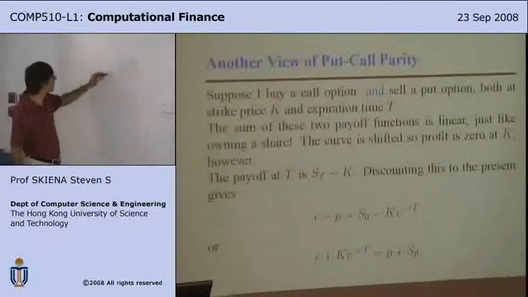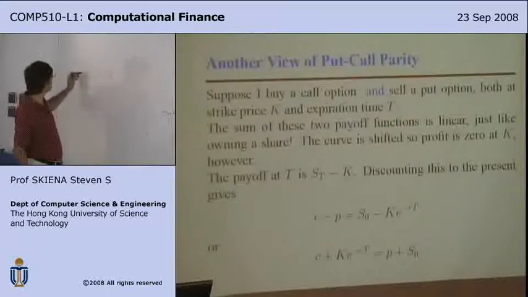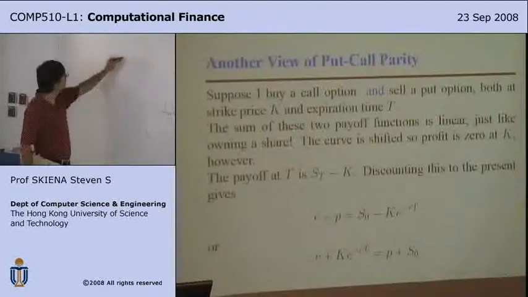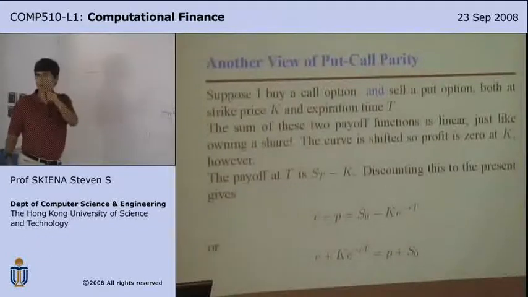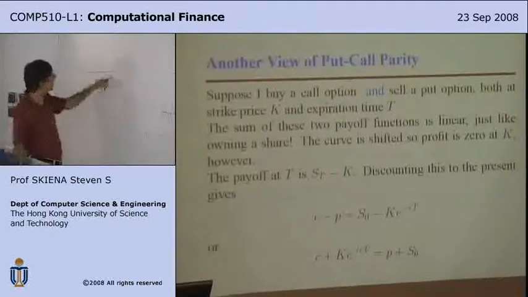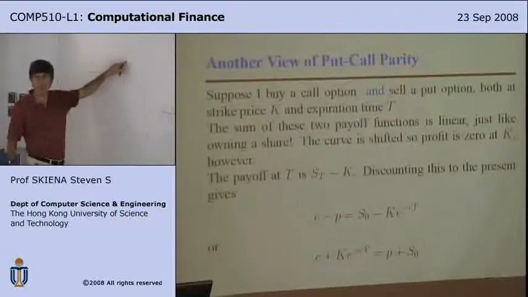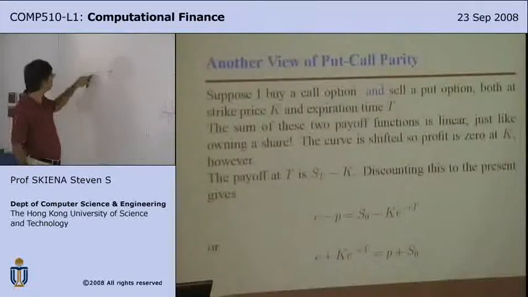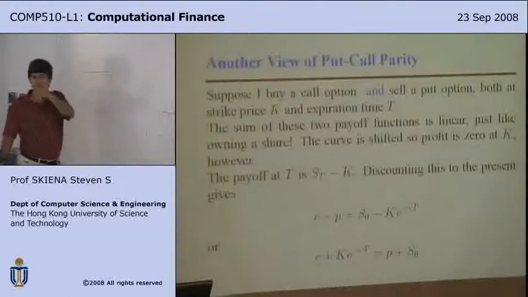Okay, if this is strike price K, the payoff function of a call option goes like this, right? If the spot price gets above it, my call option pays off. If it's below it, my call option is worthless, right?